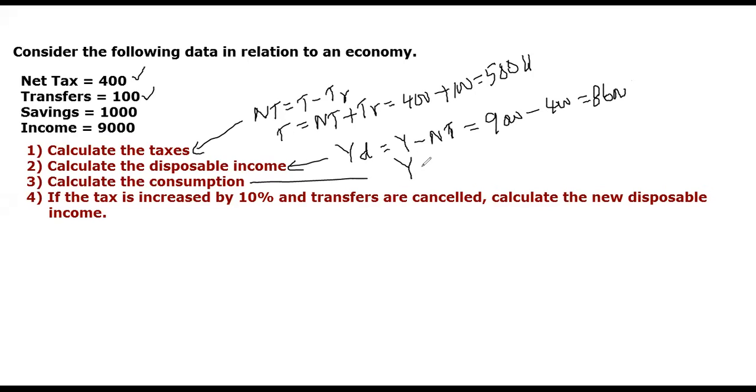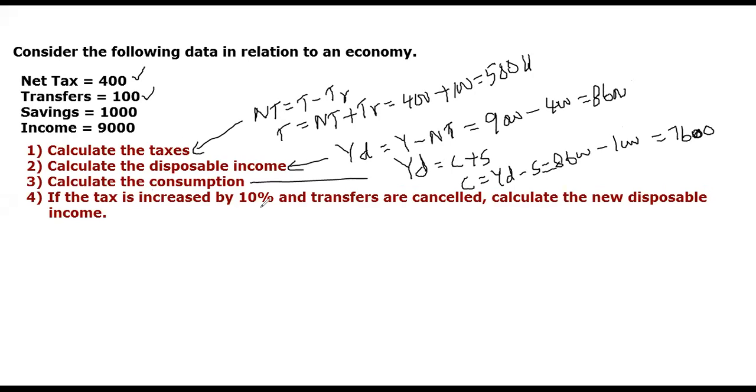Consumption, YD is equal to C plus S. So C is equal to YD minus S. So 8,600 minus 1,000 is 7,600, consumption.